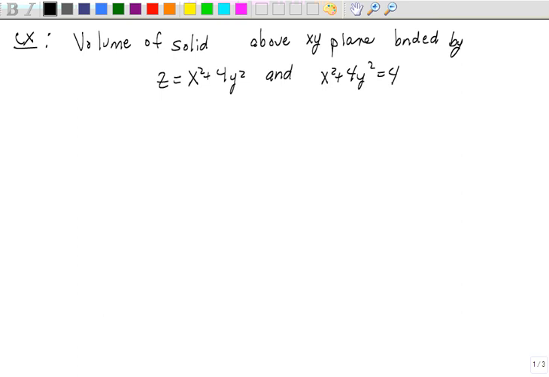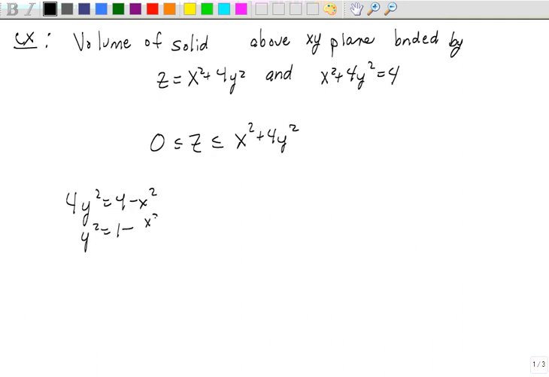So, our z is going to be between the function and 0 because it's above the xy plane. We're going to solve the other one for y. Let's just do that.